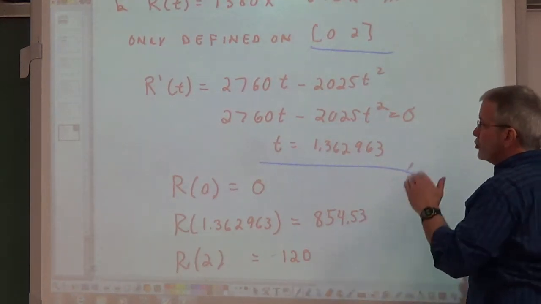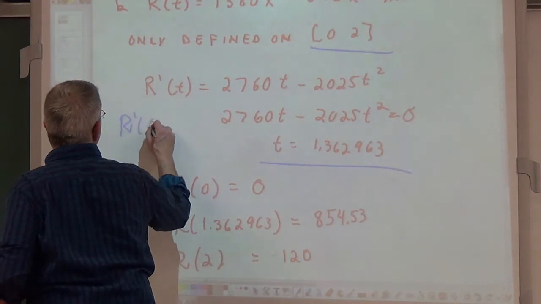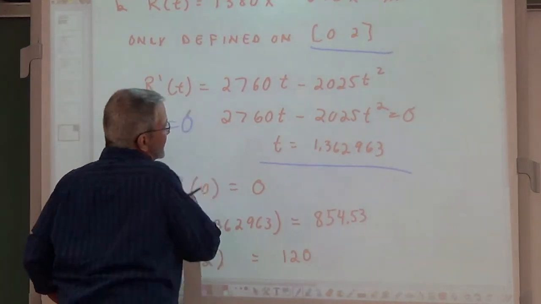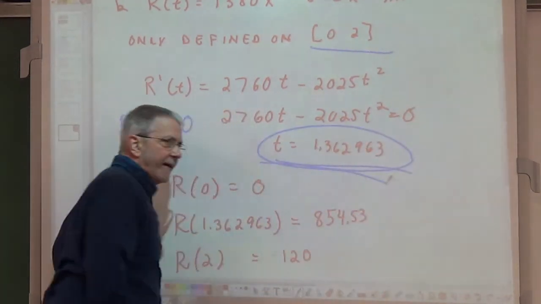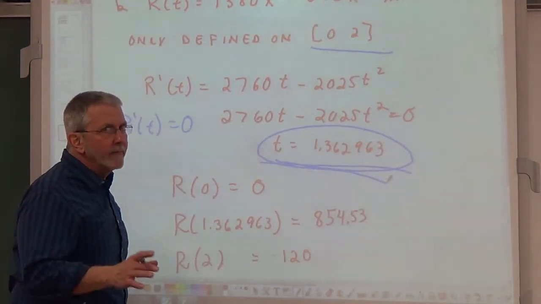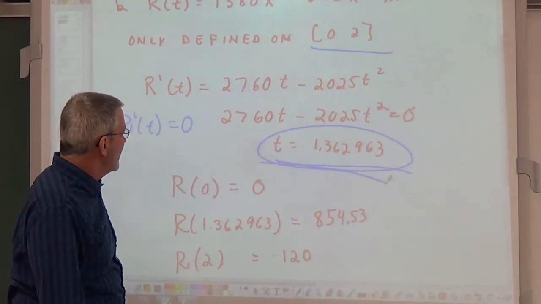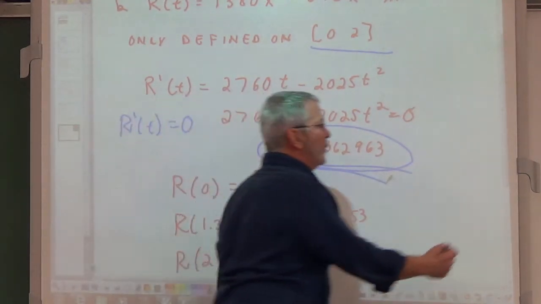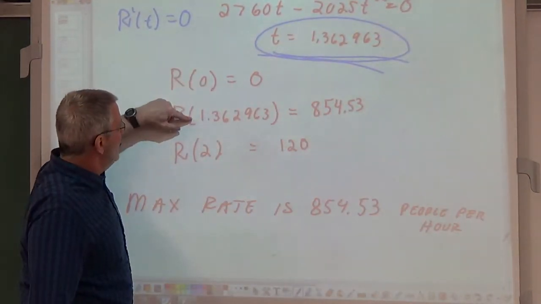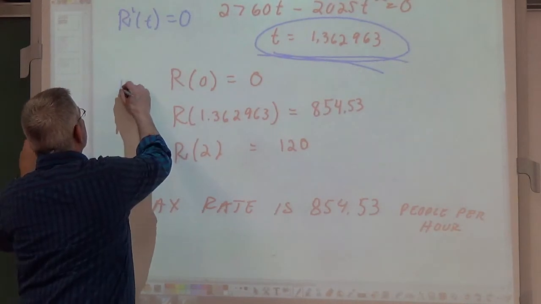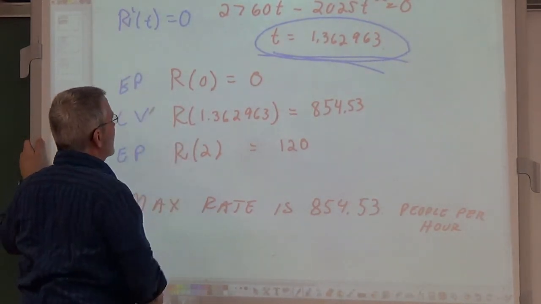But you do need to consider when R prime of t is equal to 0, or at least say R prime of t is equal to 0 at this t value. However you find it, you have to say that to get that point. You'll see when you look at the rubric. And then I just check the endpoints and the critical value: endpoint, endpoint, critical value.